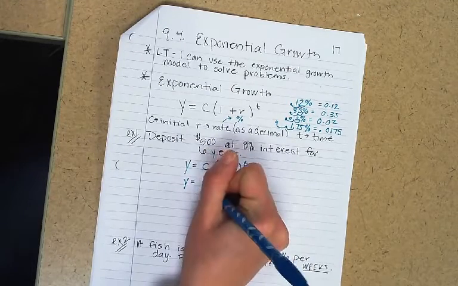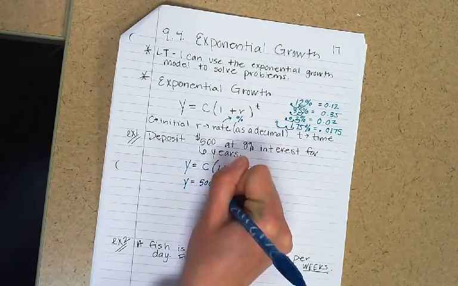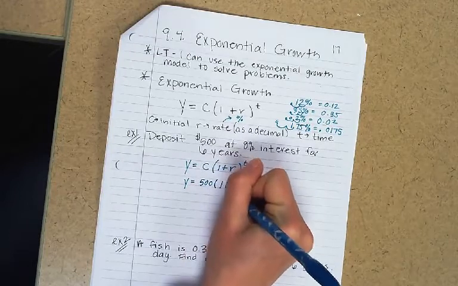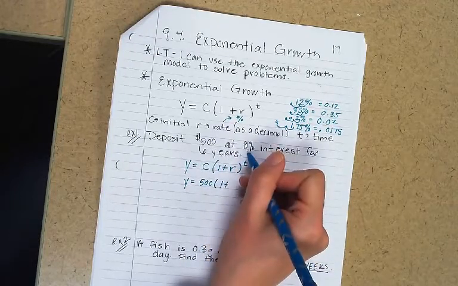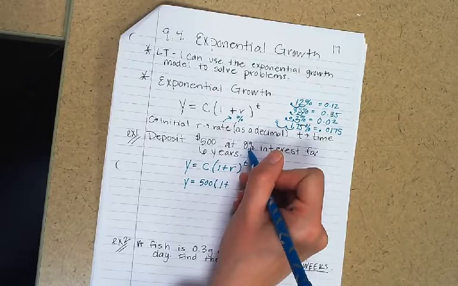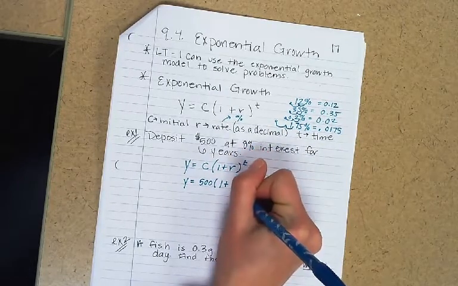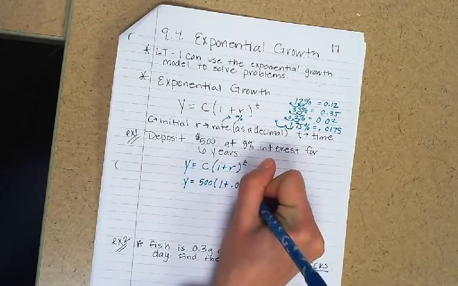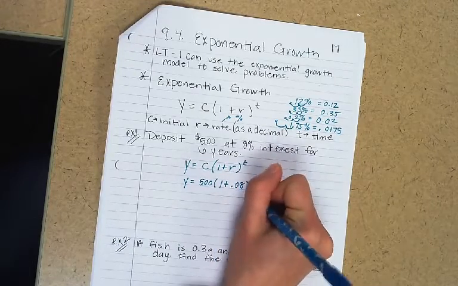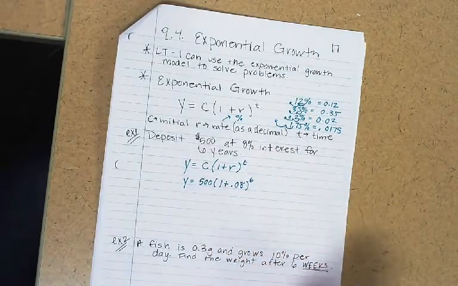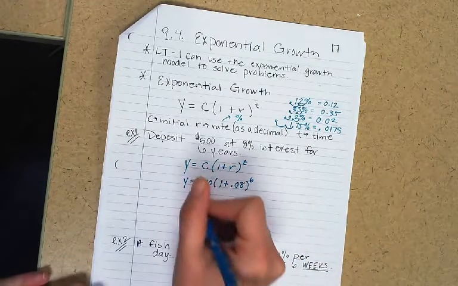So we deposit $500 times 1 plus our rate as a decimal, so 8%. We've got to move it 2 spots, so that means it's 0.08, for 6 years. So our time is 6.